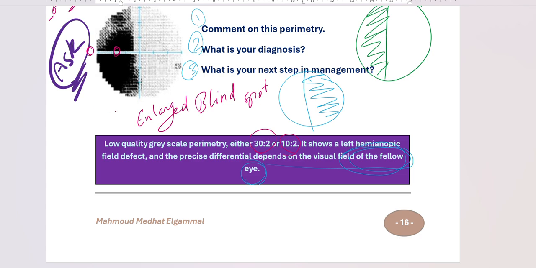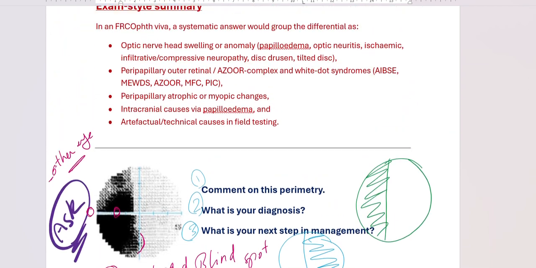And an enlarged blind spot doesn't need to be circumferential. By the way, this is not strictly respecting the midline. This is crossing the vertical midline. So if this is 32 visual field, this is an enlarged blind spot. And the differential diagnosis of enlarged blind spot is chorioretinal lesion.